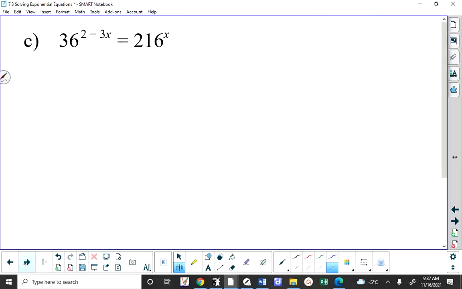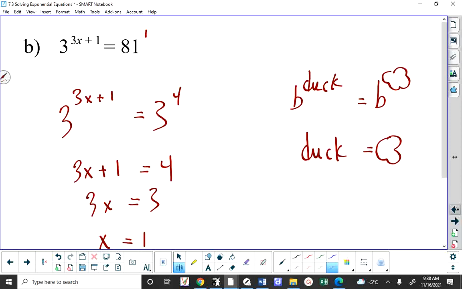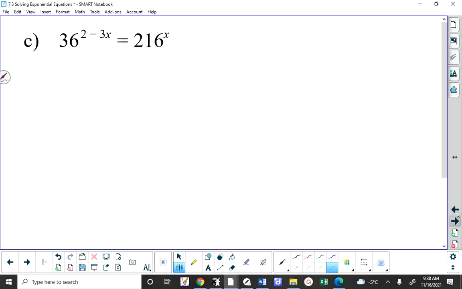36 raised to the 2 minus 3x equals 216 raised to the x. So apparently, there's a common base that I can express 36 in and 216 in. If you look at the previous example, 81 could have been written as a power of base 3. Maybe 216 can be written as a power of 36. I don't know.